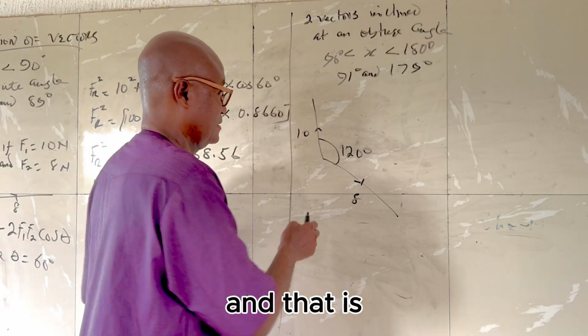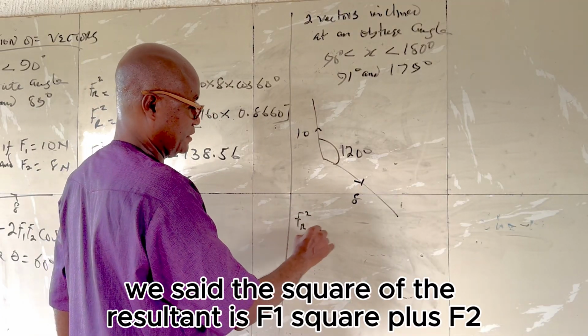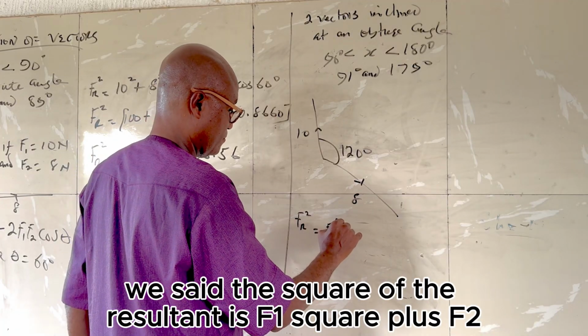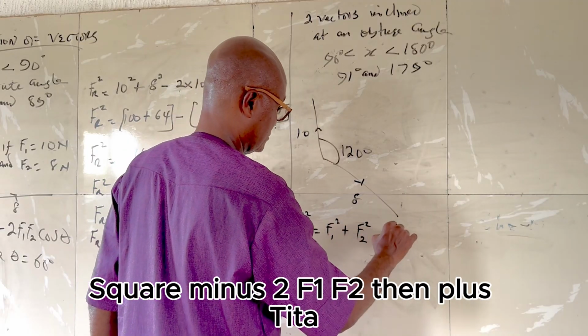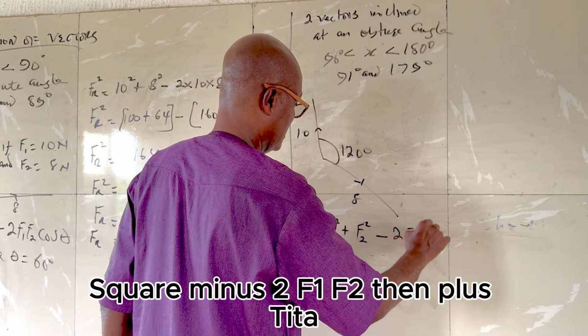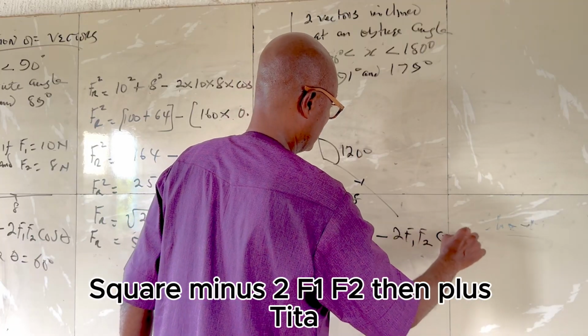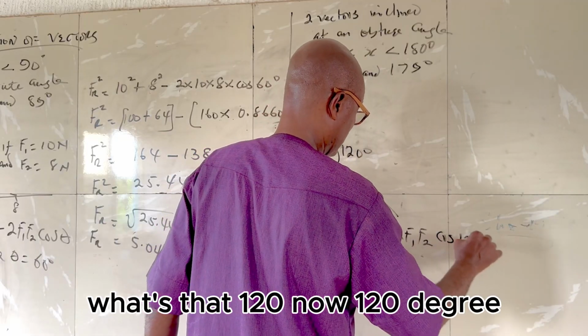We said the square of the resultant is f1 squared plus f2 squared minus 2 f1 f2 cos theta. Well, theta is now 120 degrees.